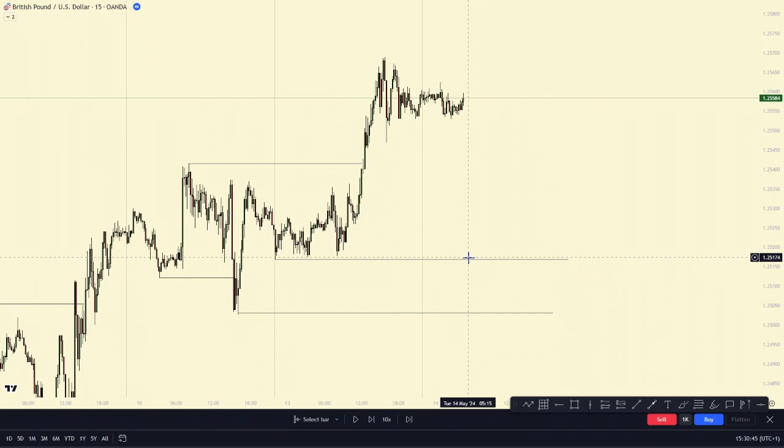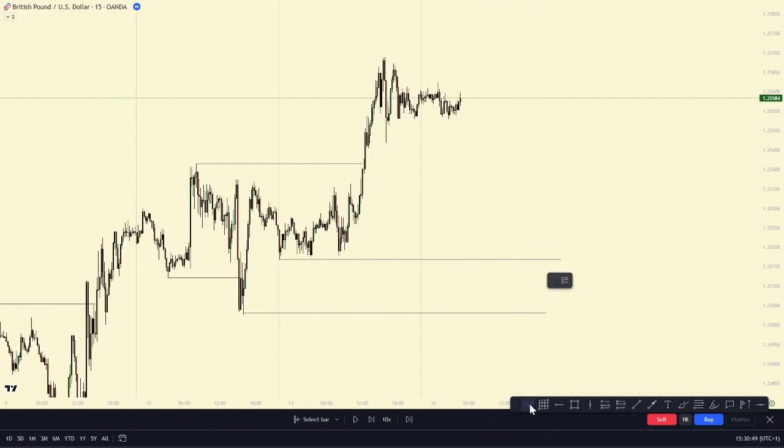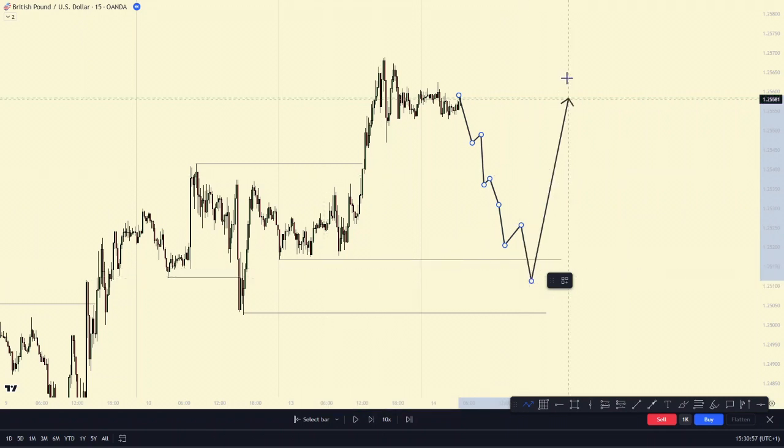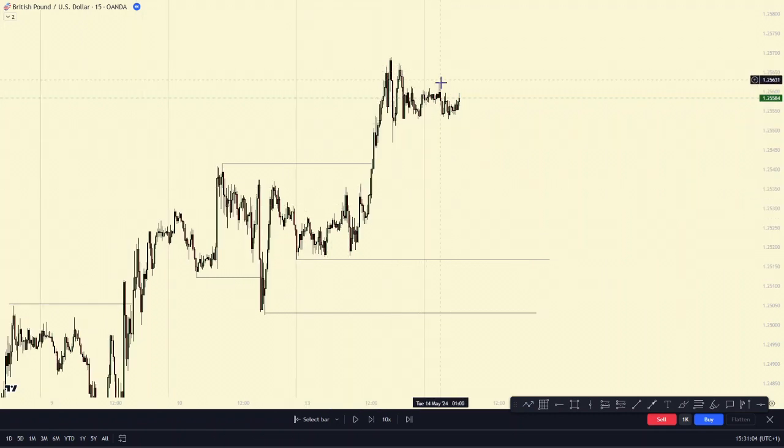I just needed price to retrace, either aggressively or correctively, take out this liquidity, then I'm interested in buying to the upside. Remember, our current trend is bullish.